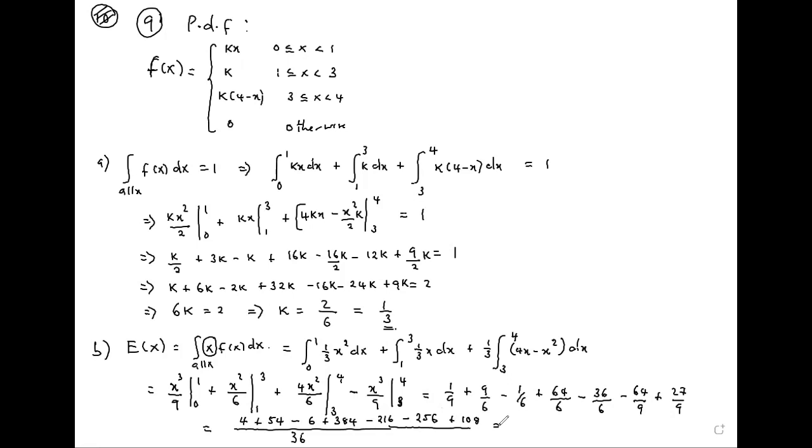So what we get on top there, we have 4 plus 54 minus 6 plus 384 minus 216 minus 256 plus 108. That is 72 over 36, which is just 2.